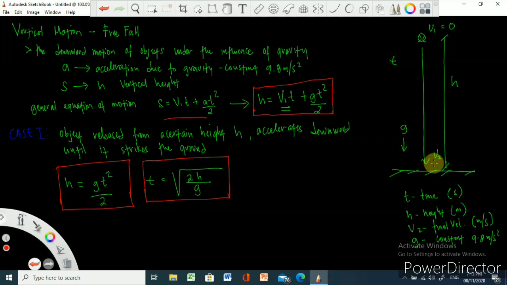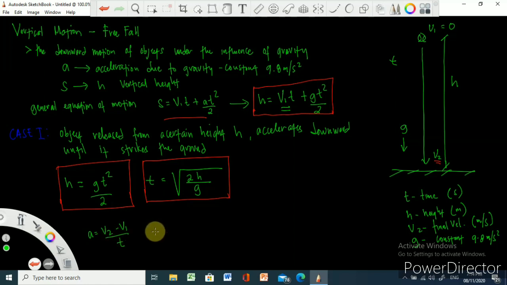How about final velocity? So, V2, kagaya ng equation natin last time, V2 is equal to V1 plus AT, di ba? Yung pag dinerive mo from the equation of acceleration. So, A is equal to V2 minus V1 over time.